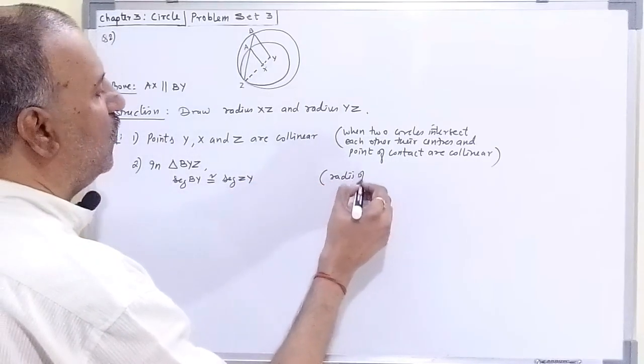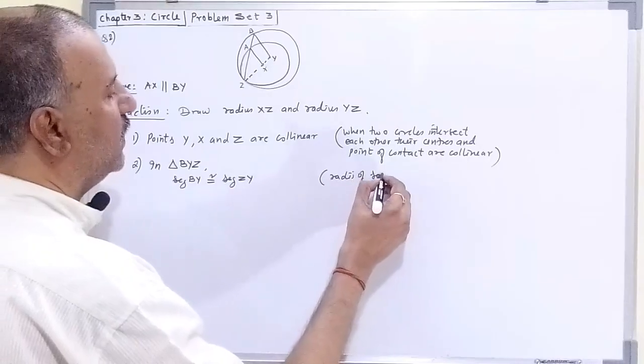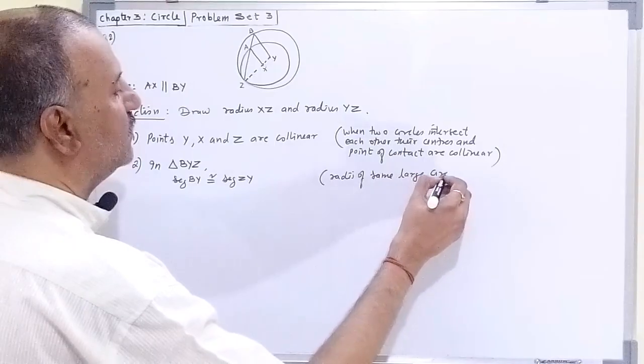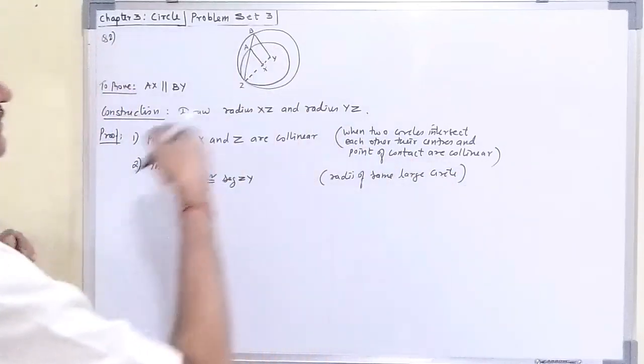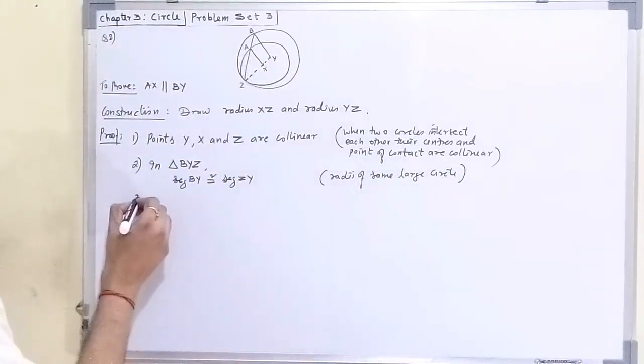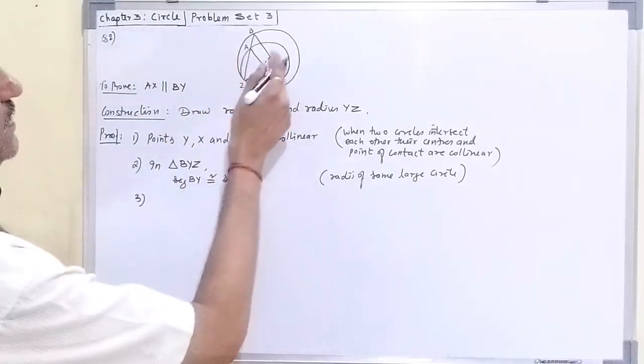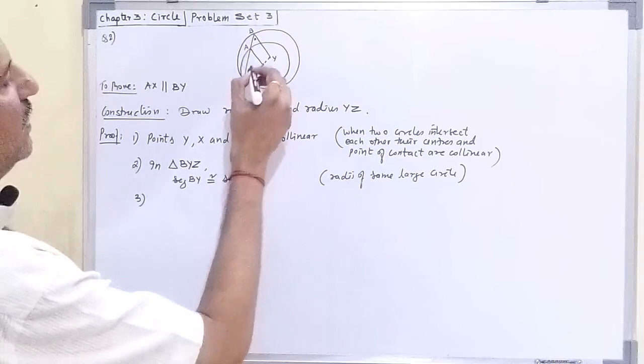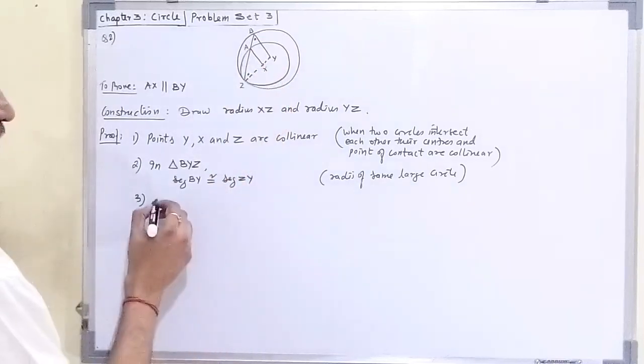Radii of same large circle. ये radii of a large circle. अगर this segment BY congruent to YZ, then this angle and this angle is congruent.